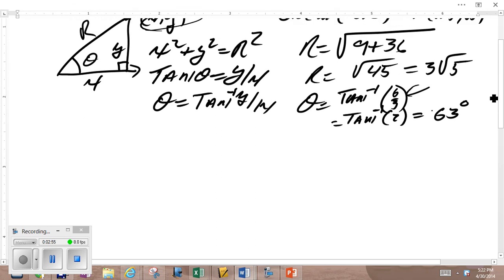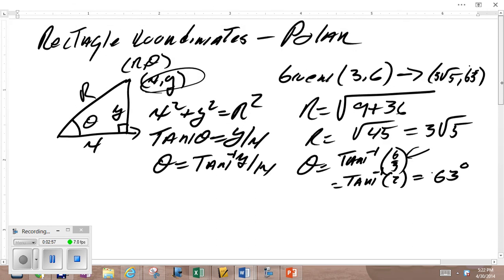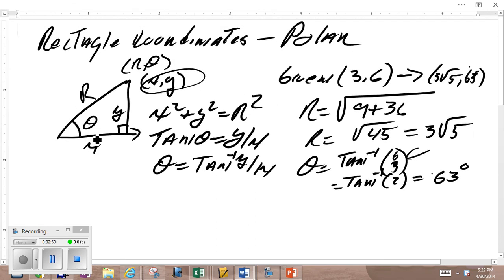What else? Well, coming back to our basic triangle up here, we identify that the sine of theta is the opposite over the hypotenuse, so that's y over r. Cross multiply, you get r sine theta is equal to y.